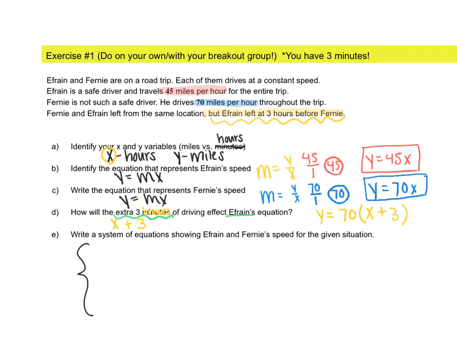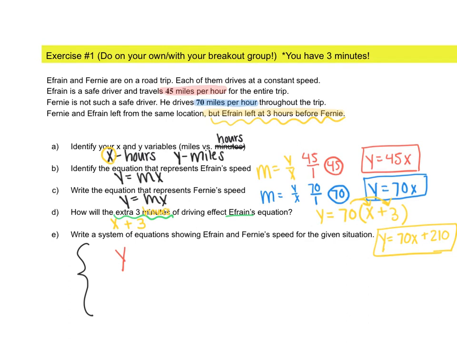Okay? And from there, you needed to distribute this to get your equation simplified in y equals mx plus b format. So 70 times x is 70x, and 70 times 3 is 210. So this is the new equation for Efrain when we factor in those extra 3 hours. The last thing we're going to do is write our system out.